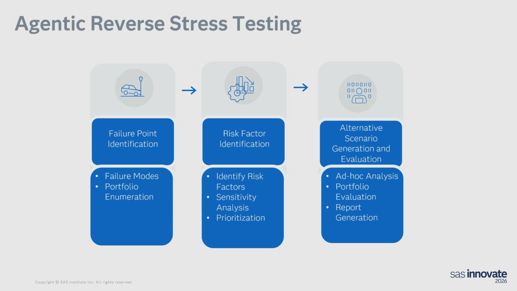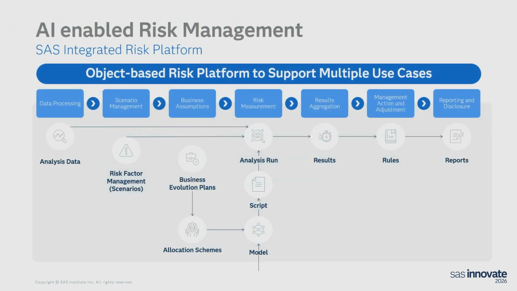So how we are going to do this today is we're going to use the SaaS integrated risk platform. You might have seen in the earlier sessions that within the stress testing platform used for risk assessment, we have the process for data processing, then the scenario management and the business assumptions that are captured, and the risk measurement.